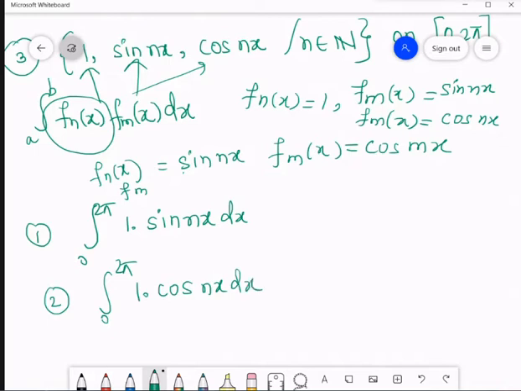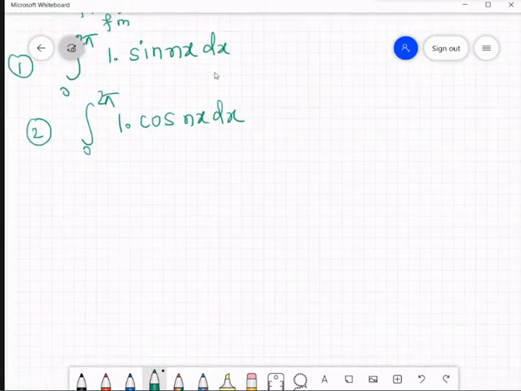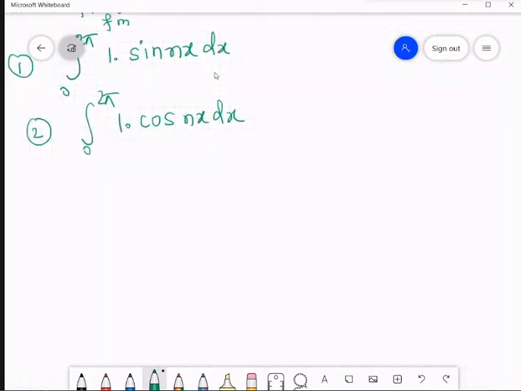Ma'am, would we have to check sin nx sin mx, and cos nx cos mx? Yes, that also we have to check. So over here, 1 will be this, and then the second one will be what? Third one will be what?